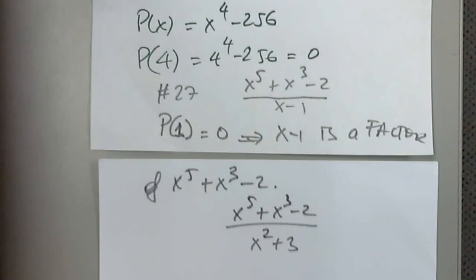It could be that x squared plus 3 is a factor of the top, but I have no way of applying the remainder theorem or the factor theorem, or plugging in 3, or I'm sorry, negative 3. There is no way, because synthetic division is not applicable here. Better? Okay, very good.